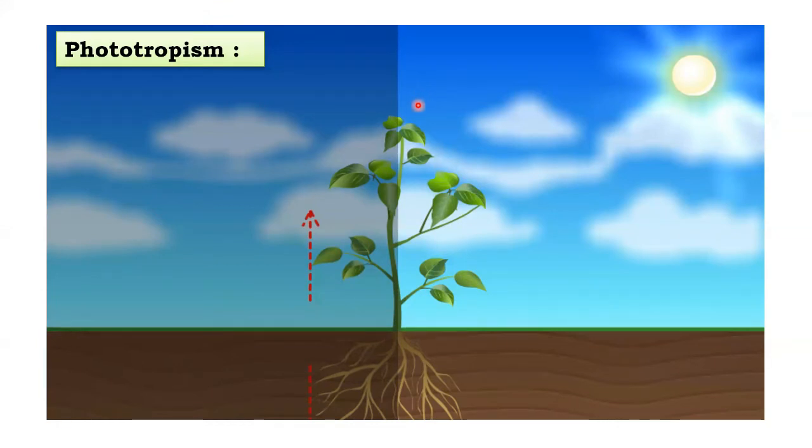Because this movement is growth dependent, and we have already learned in 9th standard that the place where growth is more in a plant is where meristems are present, right? So when we talk about the shoot system, the tip of the shoot is where apical meristems are present, and that is a place where growth is very fast, right? So that place will be bending towards the light. I hope all of you have understood it well.